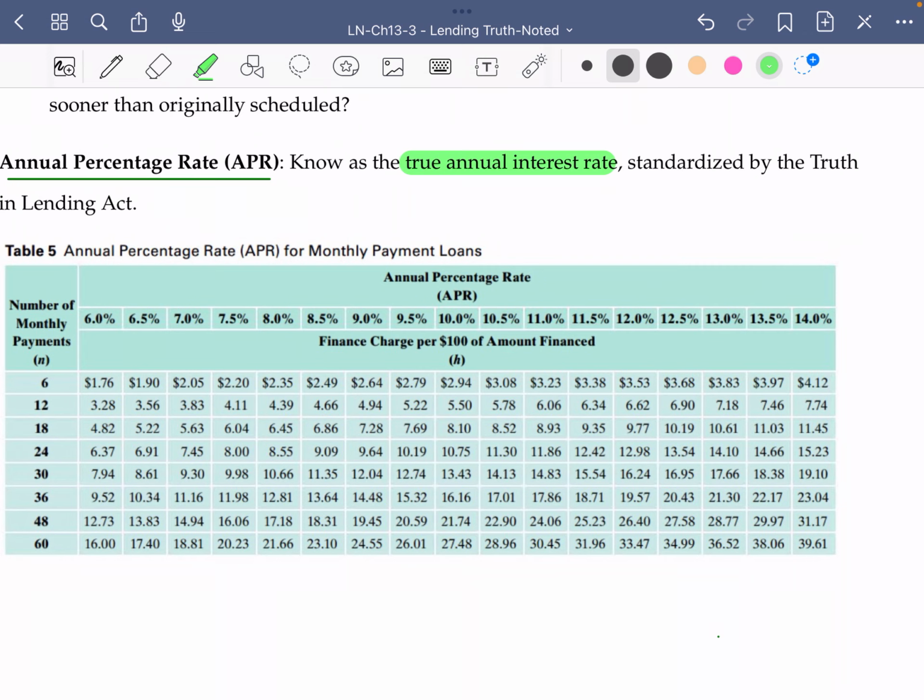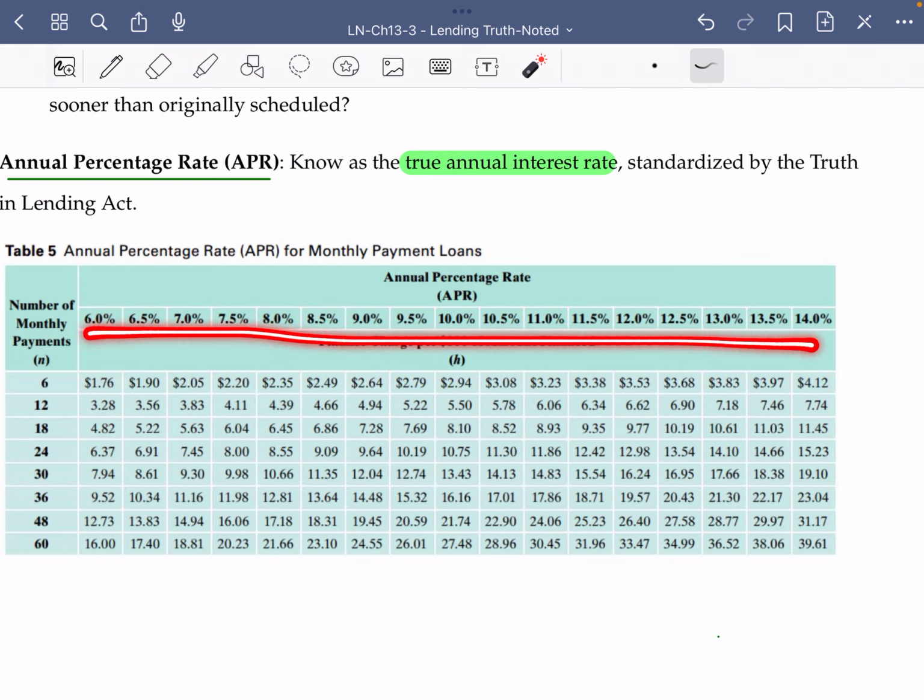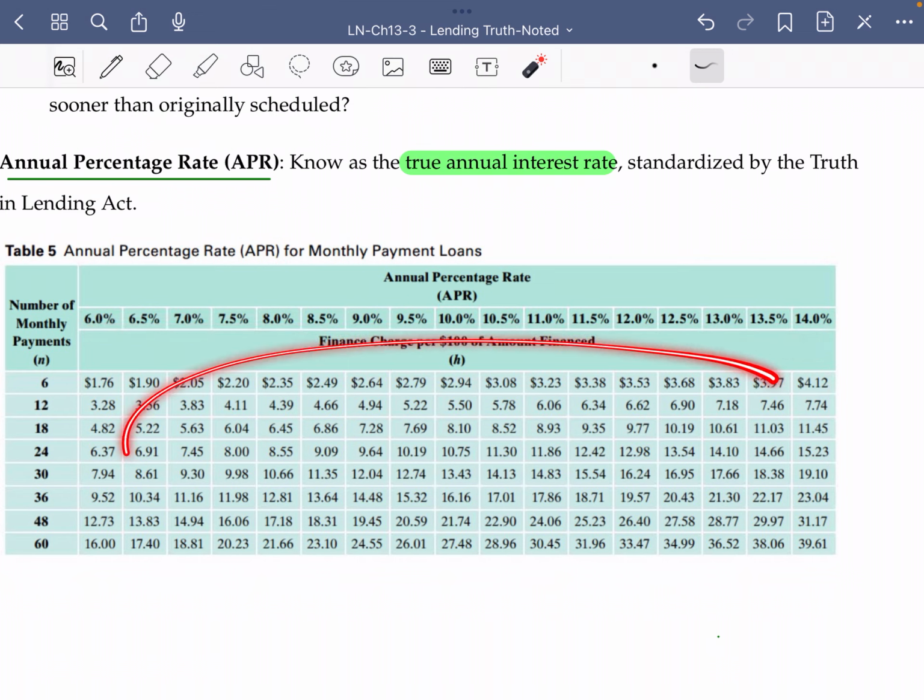Over here on the side, you have the number of monthly payments that will be made over the course of that loan. Up here at the top, you have the APR, the annual percent rate. And here in the body of the table, this is this value H.